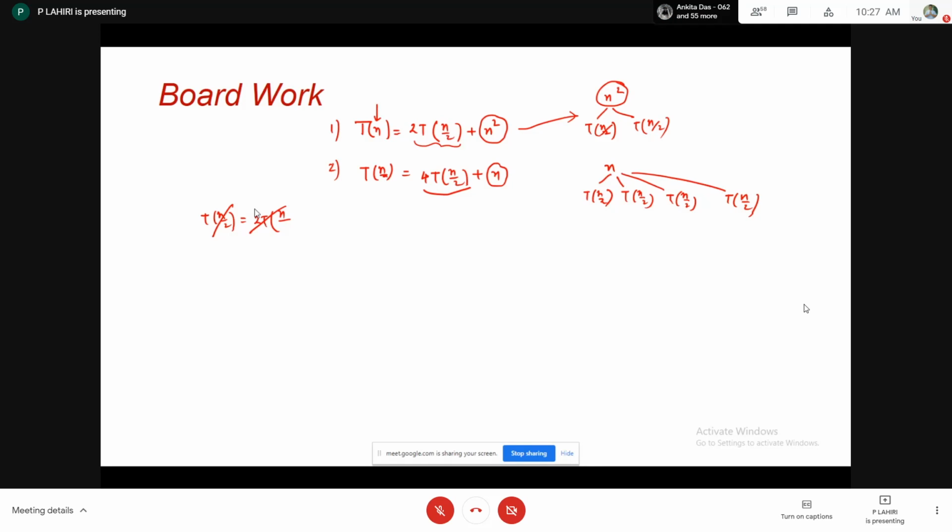But n by 2 whole square will be the parent next time. So if anybody expands it, it would be n square, then n by 2 whole square, n by 2 whole square, and here there are 4 terms: T of n by 4, T of n by 4, T of n by 4, T of n by 4. So be careful.